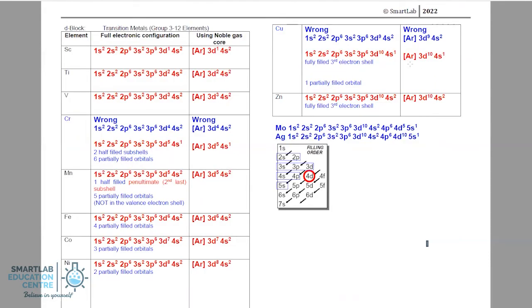The reason is that once the 3D subshell holds 9 electrons, the energy level of the 3D will be lower than that of the 4s because electrostatically it is attracted by the protons in the nucleus. Once it's lower, the ideal is to occupy the subshell with the lower energy level first. Therefore, the 3D will be fully occupied. So it becomes 3D10, and the remaining electron will then go to the 4s subshell.